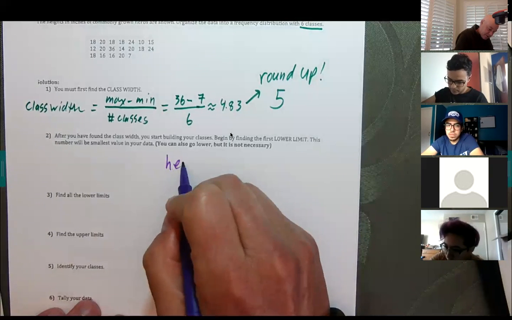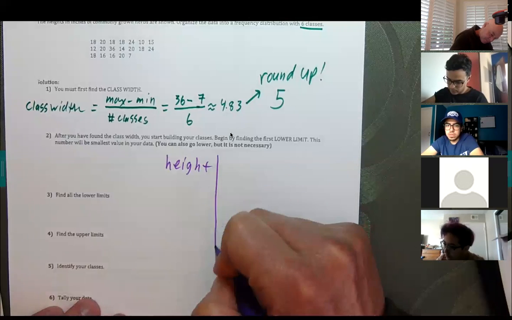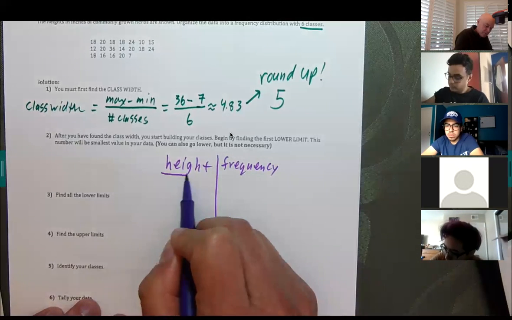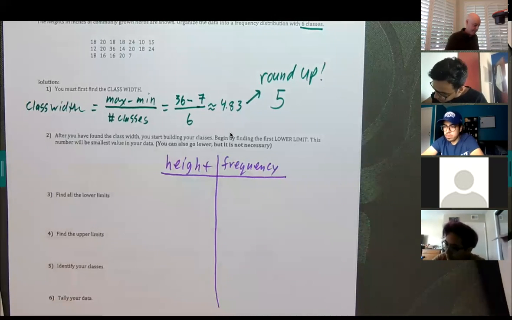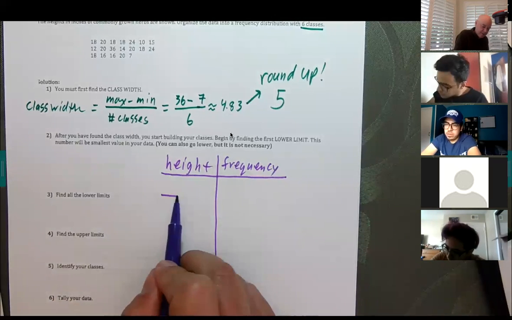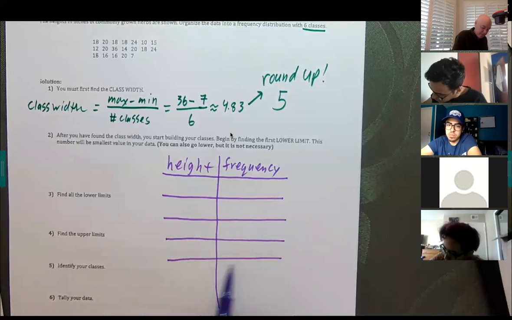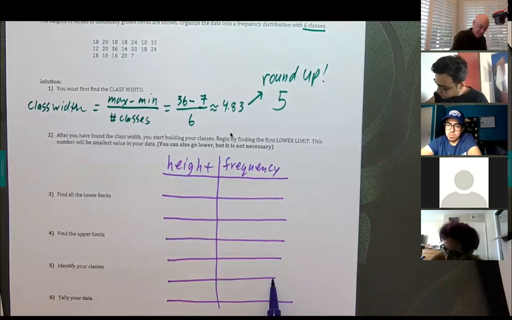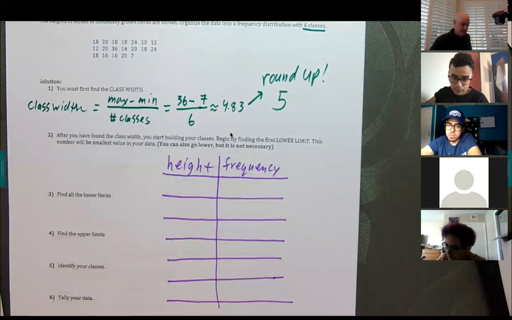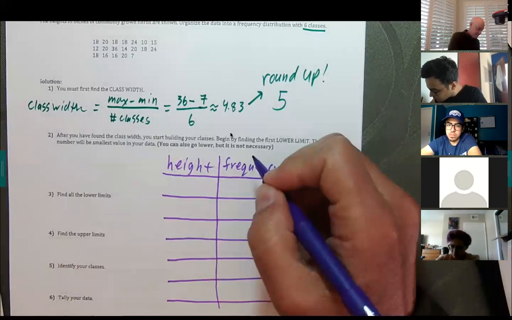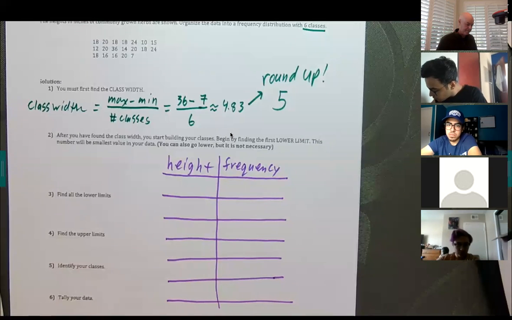On one side, I'm going to have the height. And I'm going to start with the smallest number. In this case, that's 7.